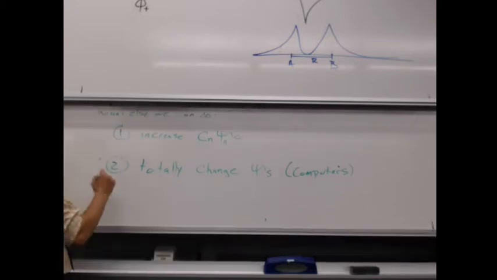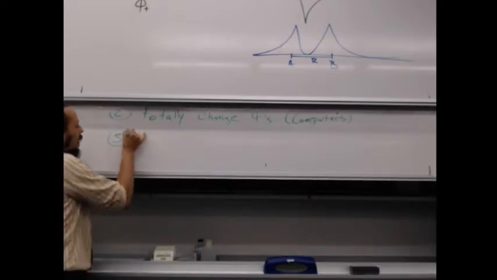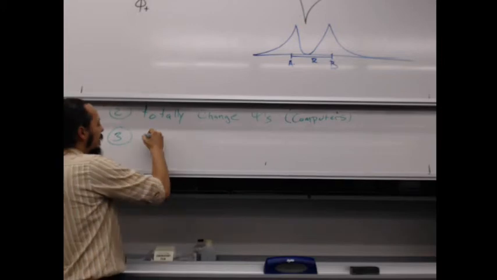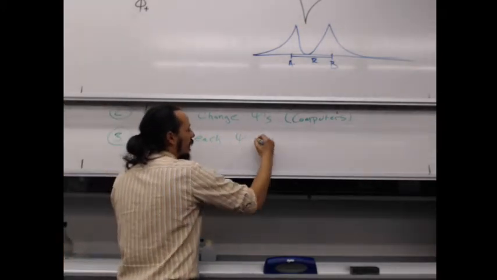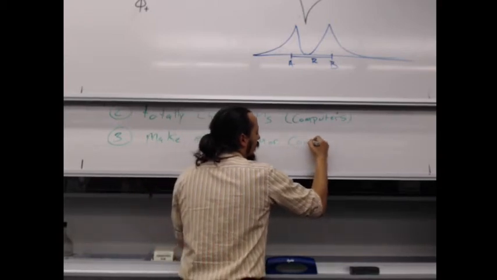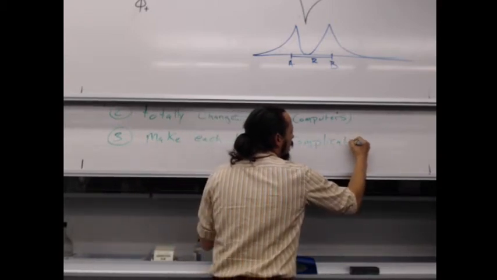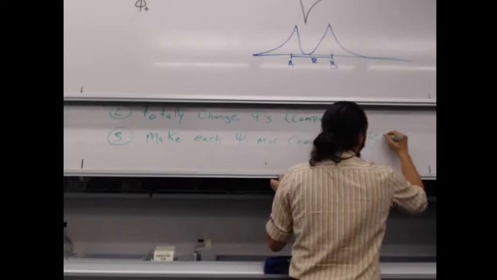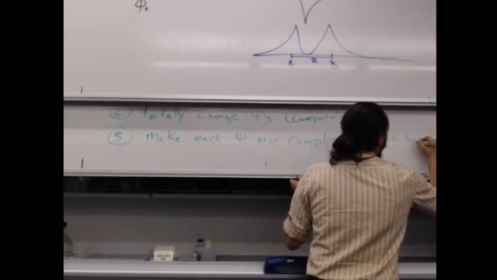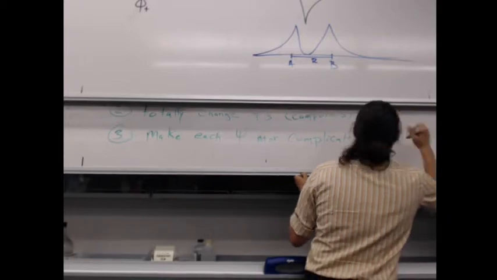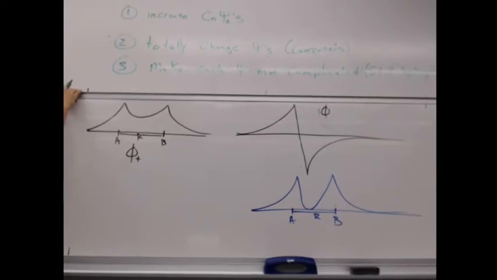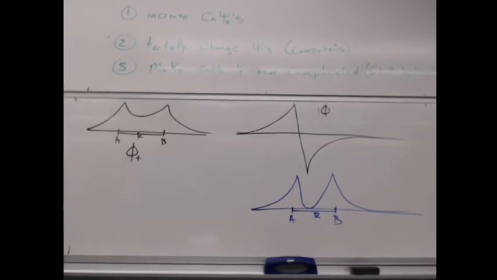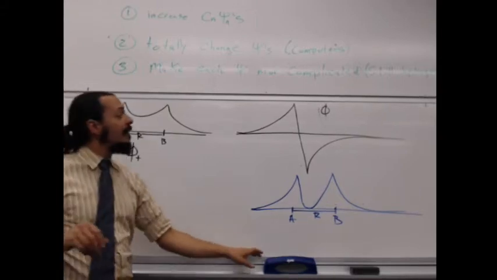Number 3, which kind of skips over that, and is the thing that we're really going to focus on today. The other thing we can do is we can make each psi more complicated. So instead of just doing psi 1sa, remember this was for one electron, so we didn't have those Slater determinants.